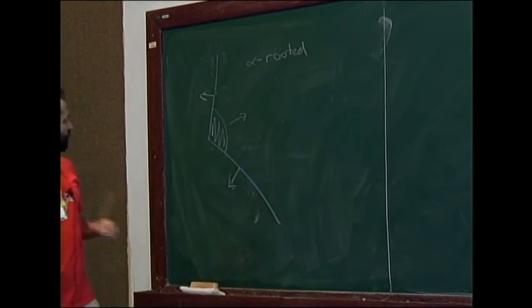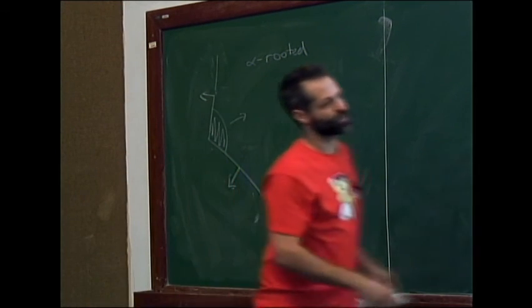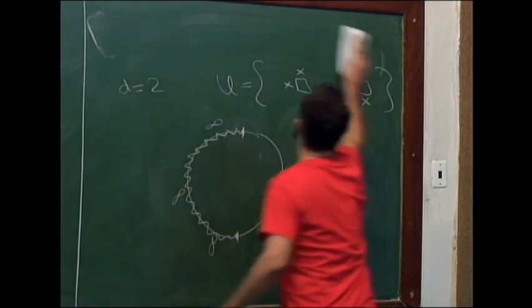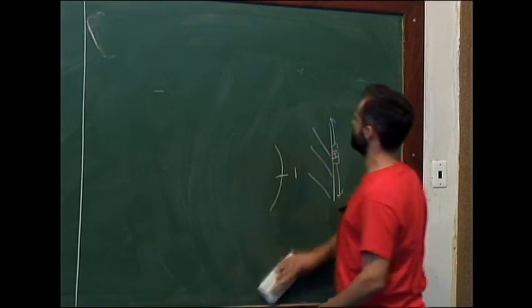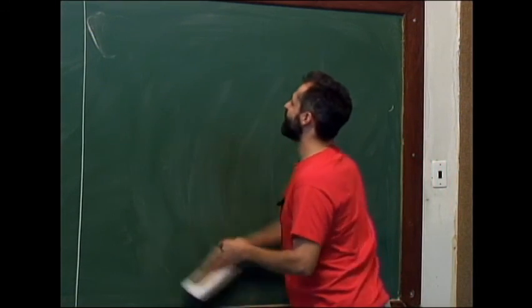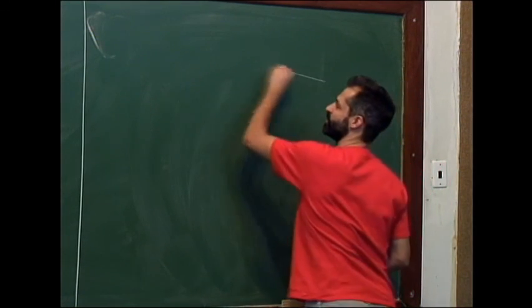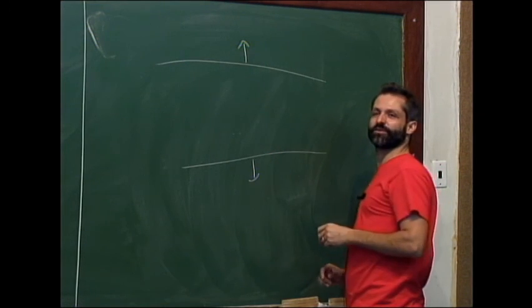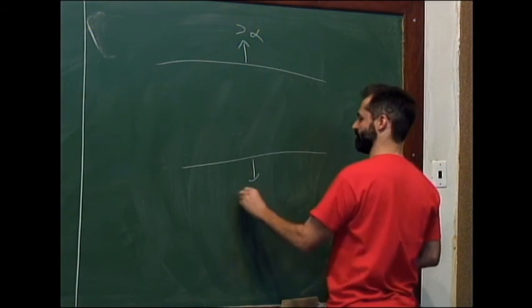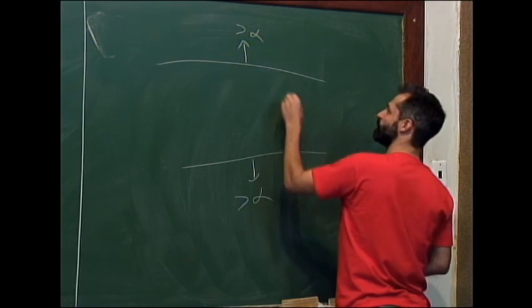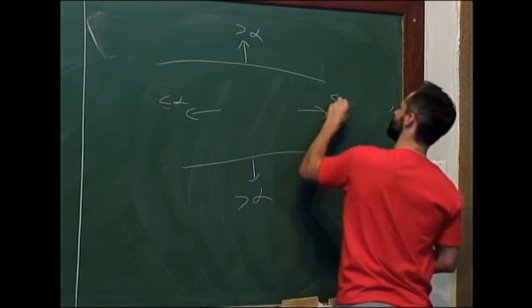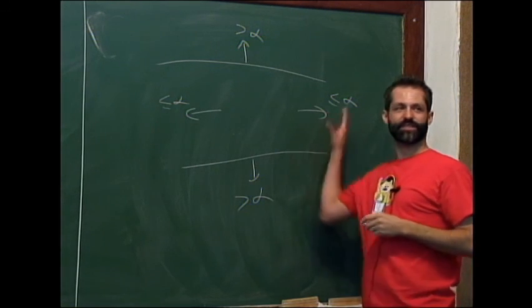And if you're not alpha rooted, I'll draw it over here. It tells you something very different. It tells you at the very least, so you might have two opposite directions that are difficult, that are greater than alpha. But you can sort of grow left and right in here with difficulty alpha in this strip.